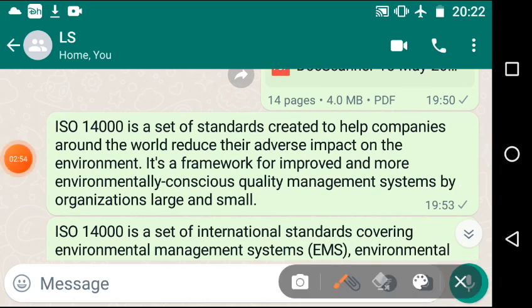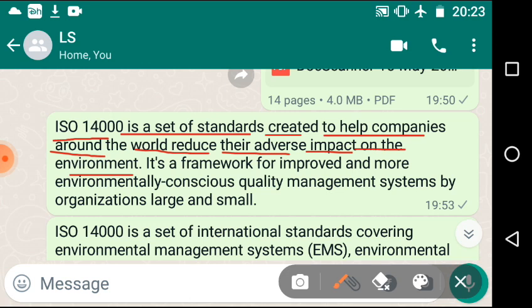So ISO 14000 is a set of standards. Okay, ISO 14000 is a set of standards that is created to help companies around the world to reduce their adverse impact on the environment. So in a simple way, ISO 14000 is actually a set of principles.